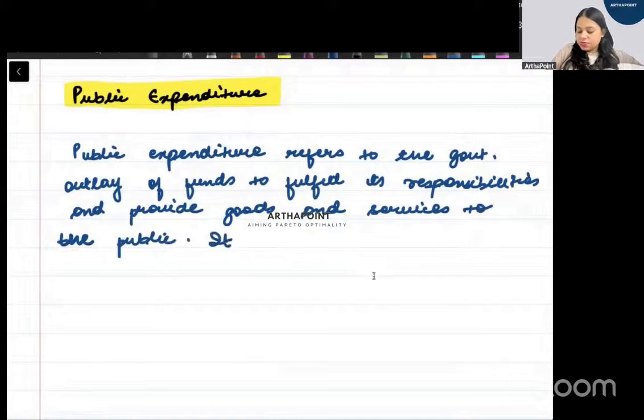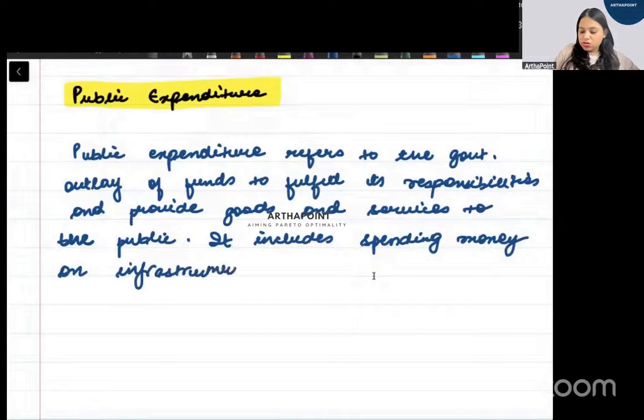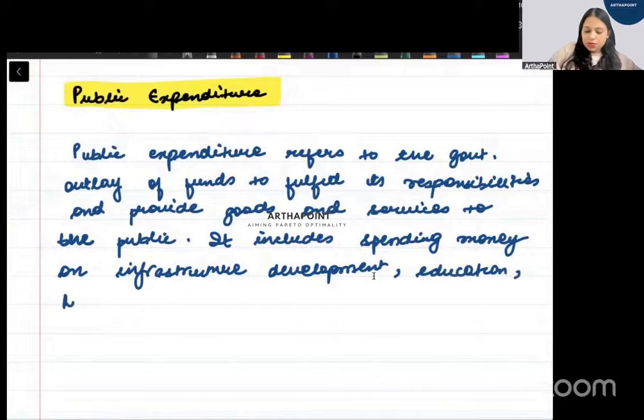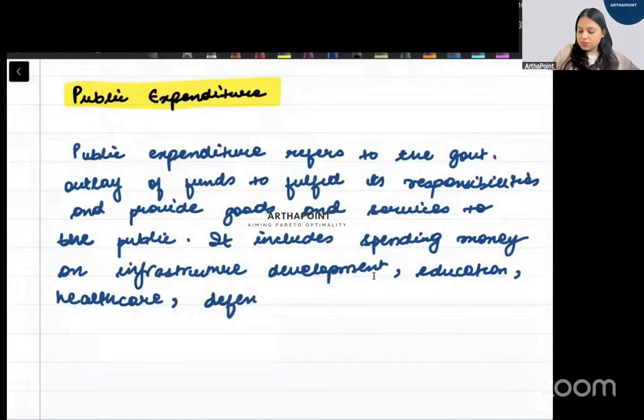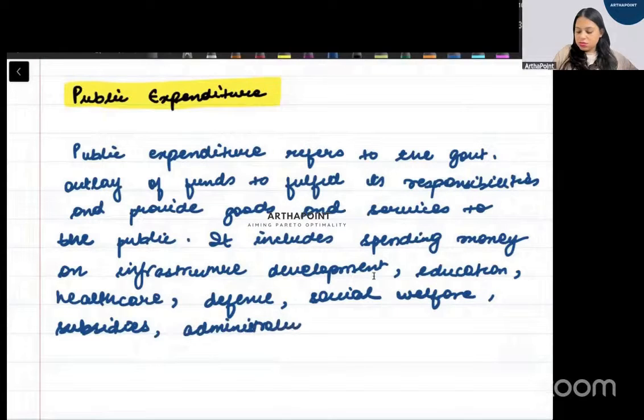It includes spending money on infrastructure development, education, healthcare, defense, social welfare, subsidies, administration, and more, right?